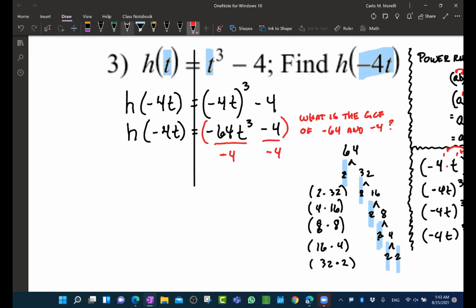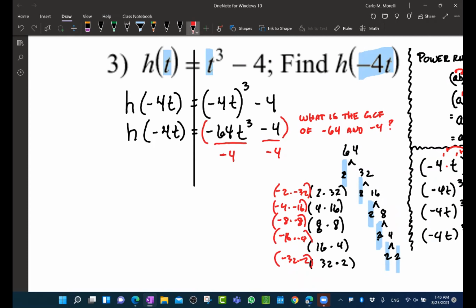We actually didn't list all the factors, because we could have had negative 2 times negative 32, right? Negative 4 times negative 16, negative 8 times negative 8, negative 16 times negative 4, and there we would have found it. Negative 32 times negative 2. Those are also factor pairs.